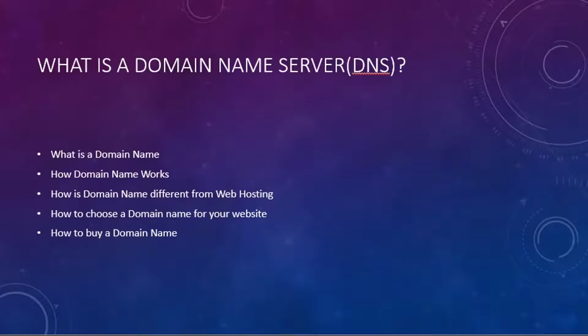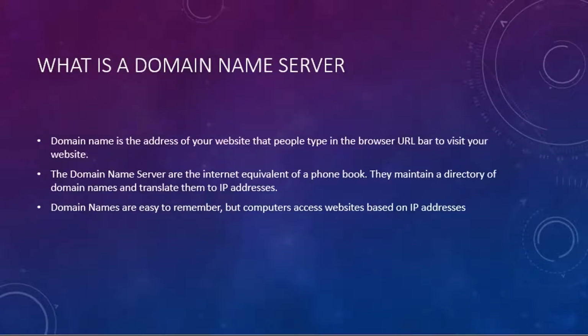Now, the domain name is the address of your website that people type in the browser URL to visit your website. So the domain name is like a phone book, you know. It's like the internet phone book.